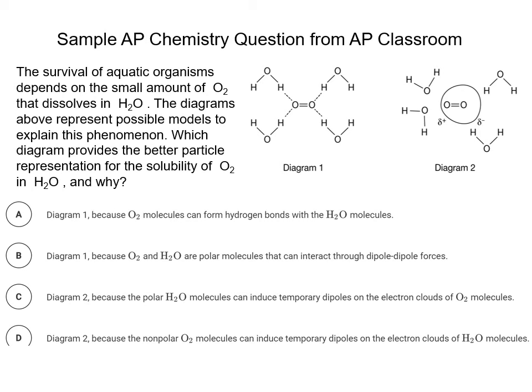Well, let's first take a look at what we know about O2. This is a nonpolar molecule. Okay? It does not have an H attached to an N, O, or F, so it is not capable of hydrogen bonding. So this is not a good drawing here, so we can cross out A and B.